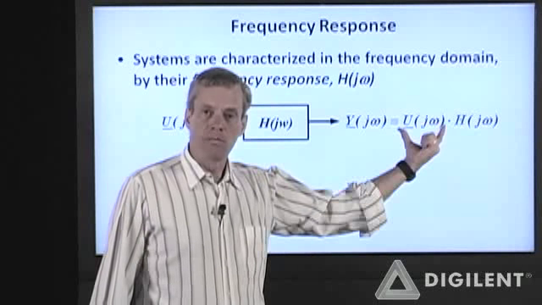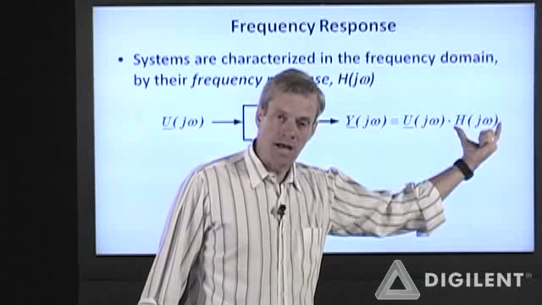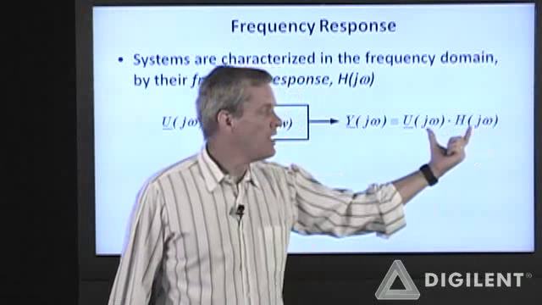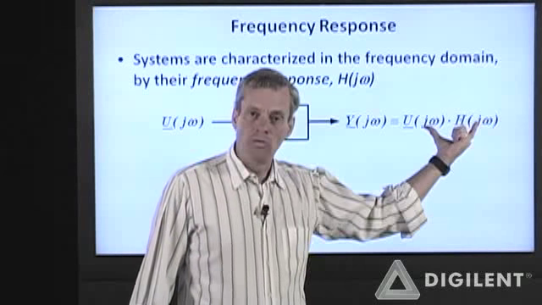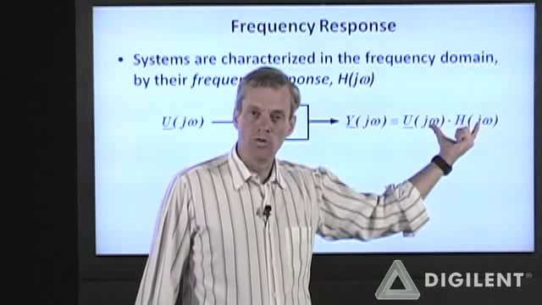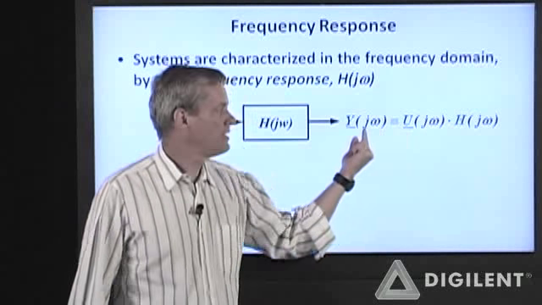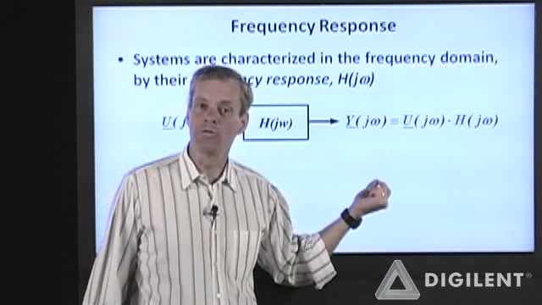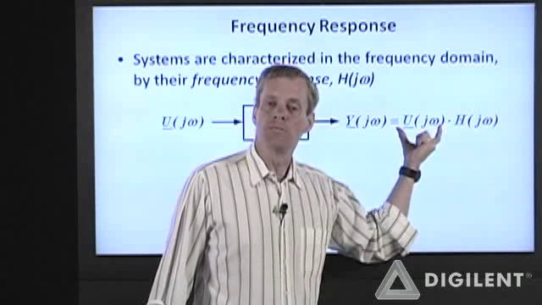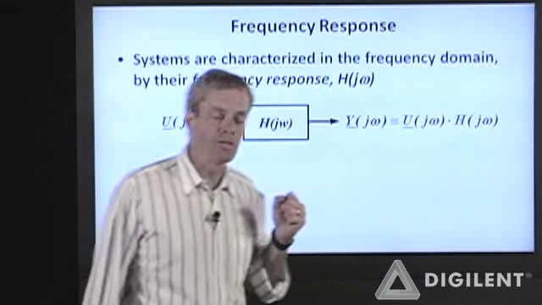This is a complex number for each value of omega. At that value of omega, we simply multiply those two complex numbers together to get the associated output at that frequency. So it's a frequency by frequency multiplication of two complex numbers.